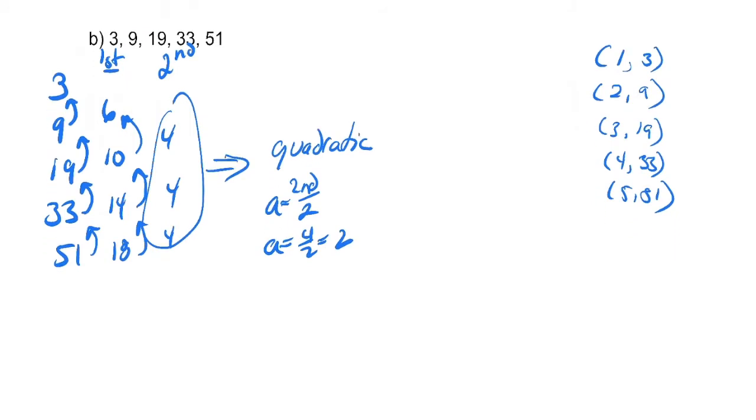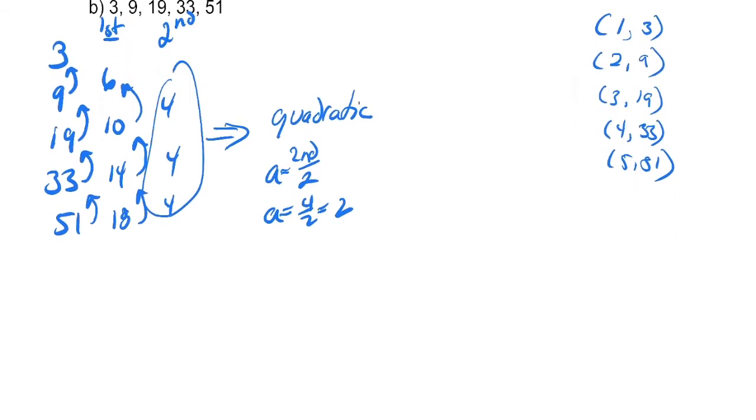So how do we come up with the equation? Let's write down the quadratic equation in standard form: T of n is a n squared plus b n plus c. Now we know that a is 2.